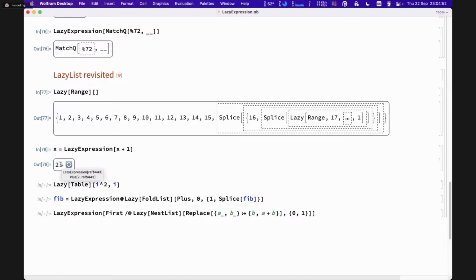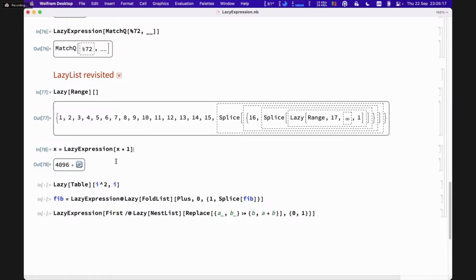If I press the option key and then click, I can evaluate only the reference. Really quite crazy, but I can do this. Oh my god.